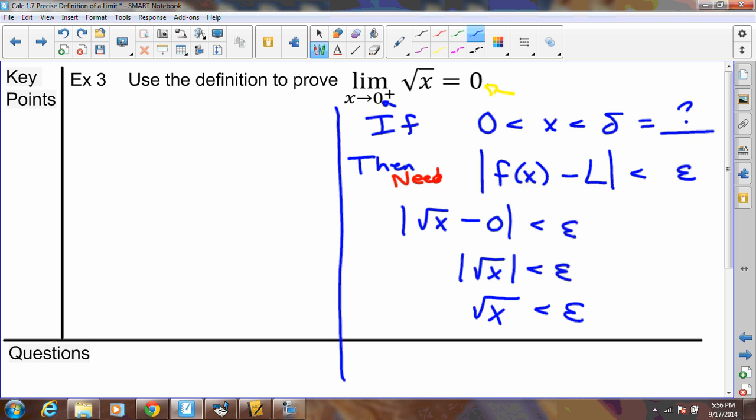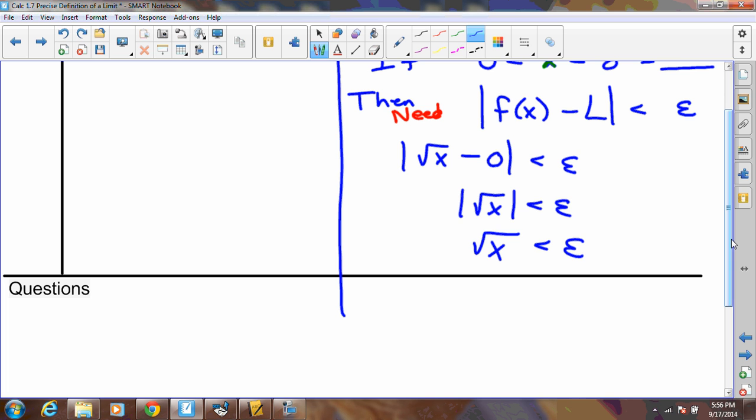Remember, we are trying to get to a point where we need x by itself. So let's consider what we need to do. If we square both sides, square and square root cancel, and we get x is less than epsilon squared.